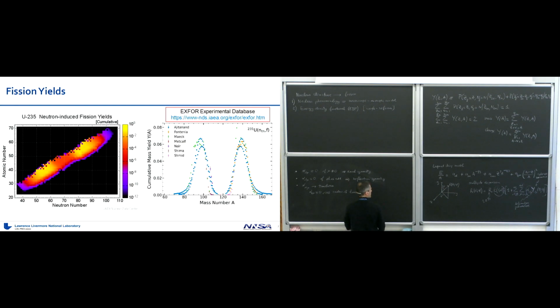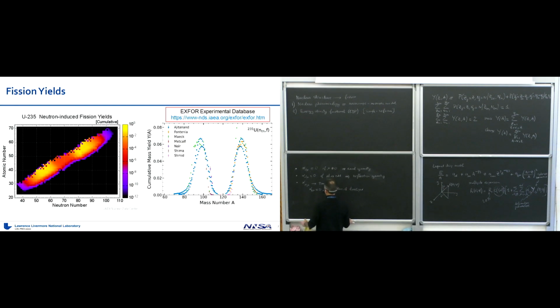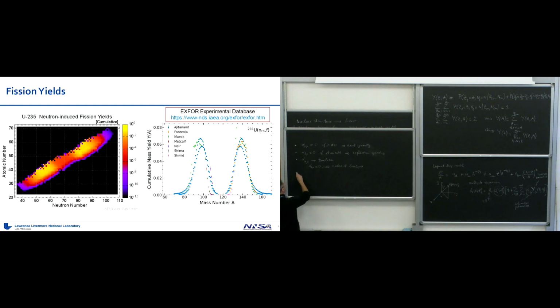So in practice, this means that if we take a deformed liquid drop, the formula is a little bit modified. We still have the volume term, which is unchanged. There will be the surface term, and there will be a function of my deformation parameters that multiplies A to the power 2/3.